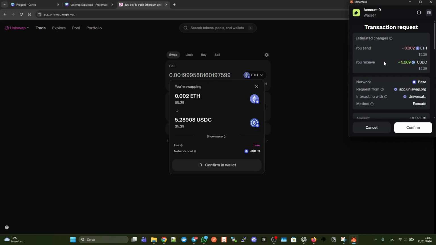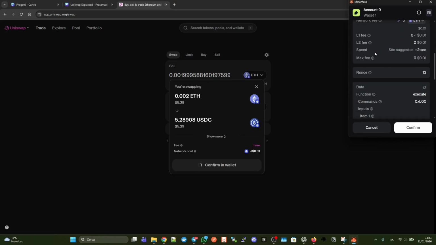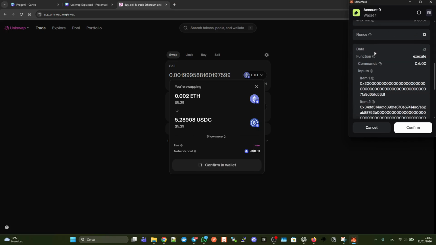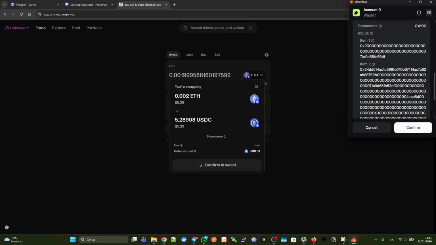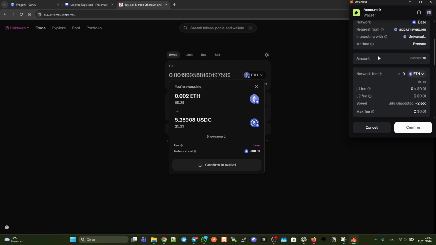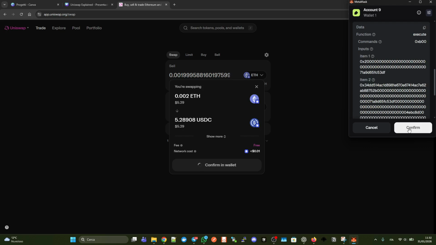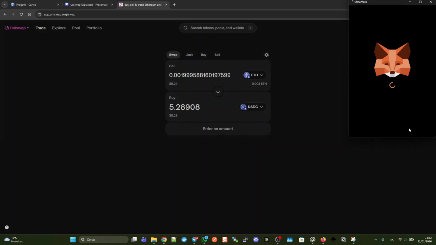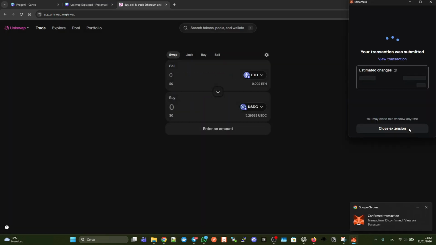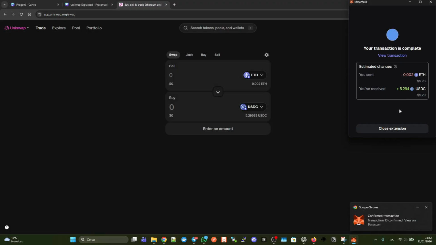Okay, now we can see the transaction in our wallet. It is calling execute. This is the input, item 1, item 2. Okay, we can review the parameters. Let's confirm this. Okay, the transaction has been executed.